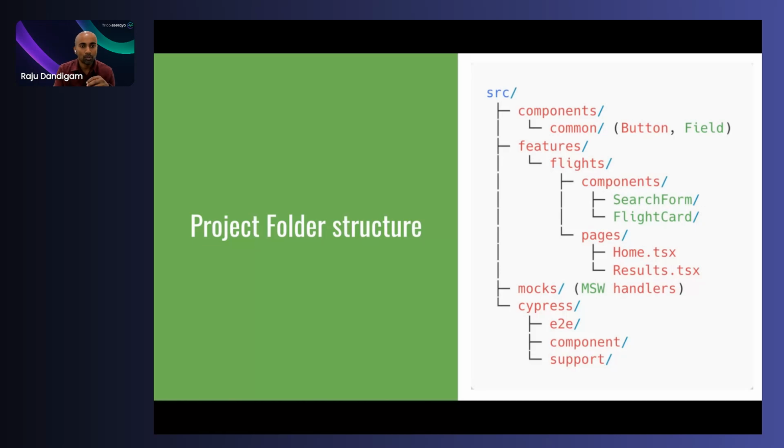I also have mocks, and a Cypress folder where I have the end-to-end tests, the component-specific configuration, and support, which is basically the common commands. This gives a high-level structure so that we can follow along with the demo.